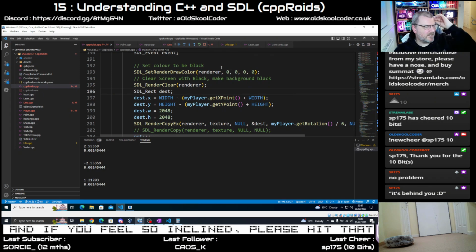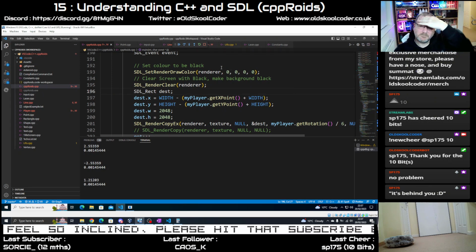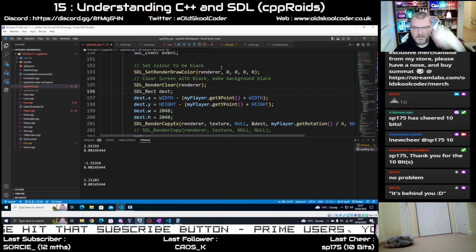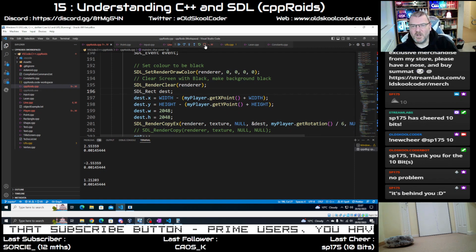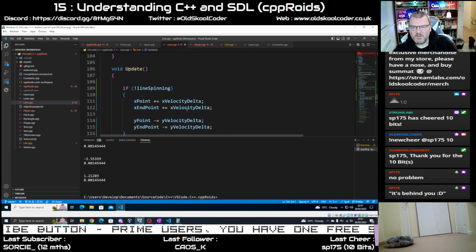Right, so the rotation wasn't right. Why was the rotation not right? Five degrees a second is not a lot, is it? Let's hoof it up.